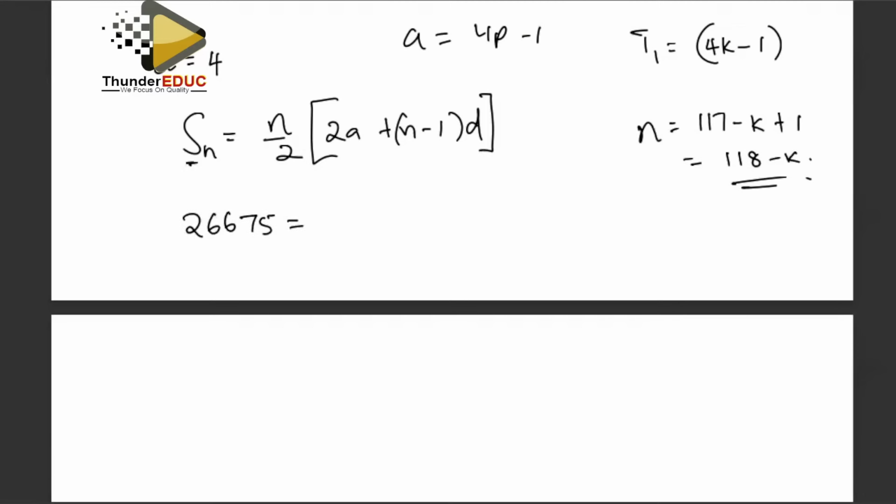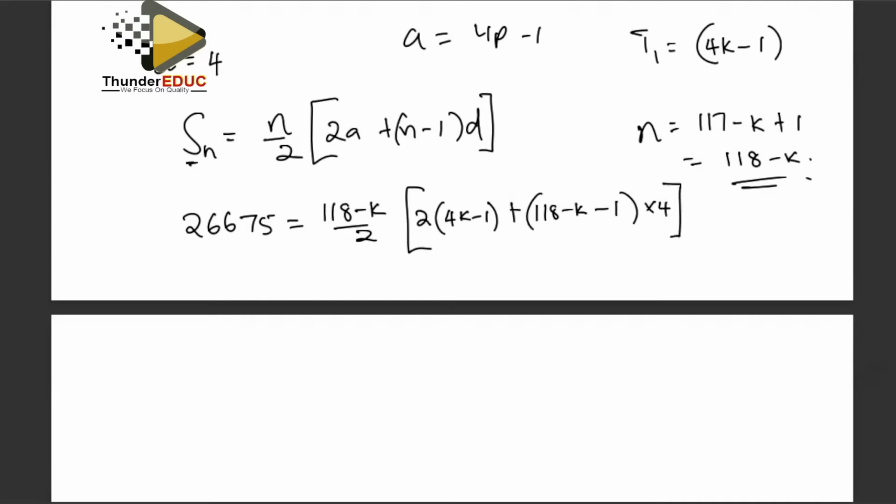So 26675 is equivalent to 118 minus k over 2, open brackets 2. We say our first term is 4k minus 1. Is that correct? Yes. Plus the n, 118 minus k, but then we are also subtracting a 1. And then we multiply by the common difference, which is a 4.